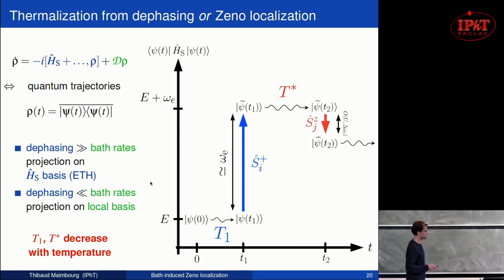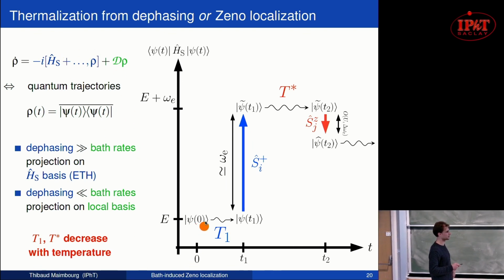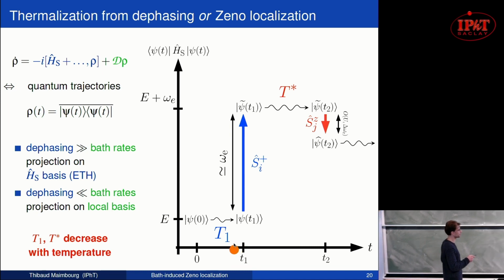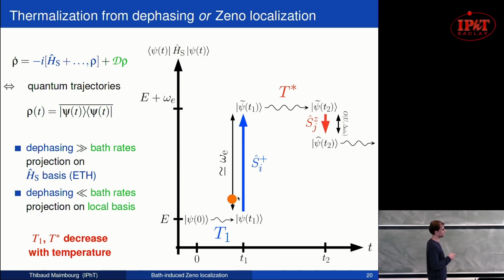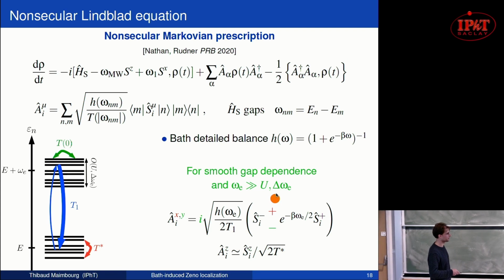So what happens is that, okay, this unitary part here is doing dephasing, so it's energy conserving, but dephasing during some time, and then at random times, you get projected because of this part here by S_i plus or Z spin. This is because those quantum jump operators are local in the basis here.